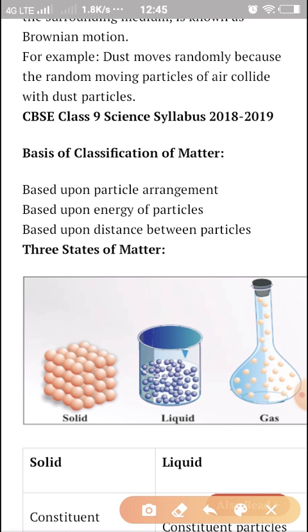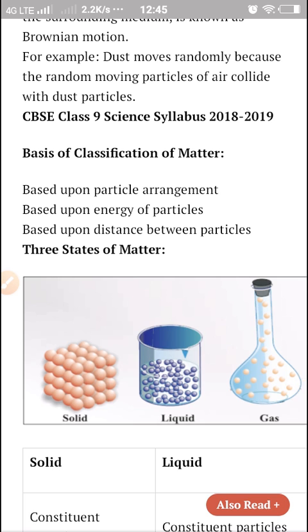This is a solid cube, and in this cube the particles are tightly packed so that no particle would move from its original place.